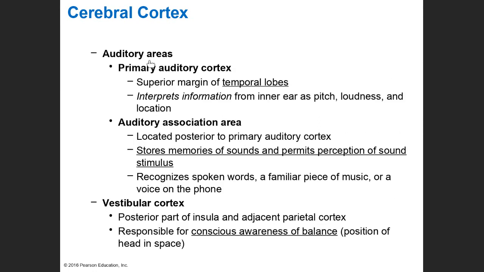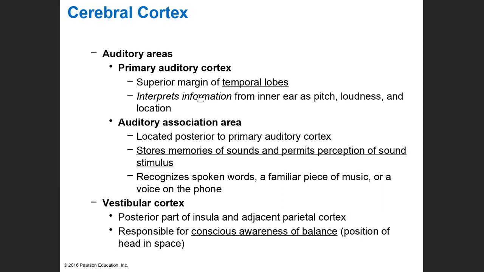Okay, again, auditory areas. Just like you have a primary motor cortex and a primary visual area, you also have a primary auditory cortex. With auditory, we're dealing with the temporal lobes. What we're going to do is interpret information from the inner ear, such as pitch, loudness, and the location of where that object is.